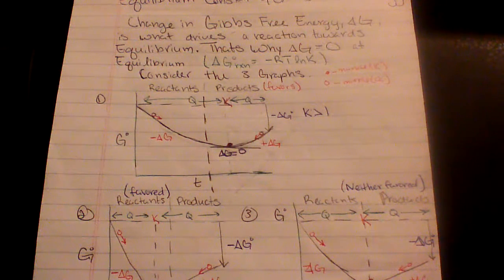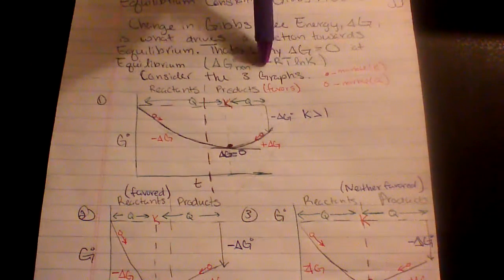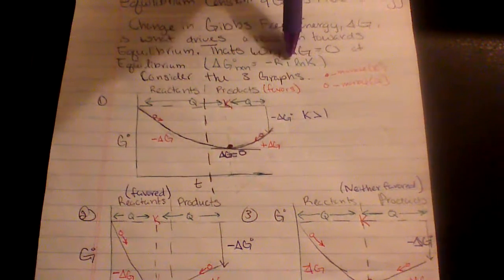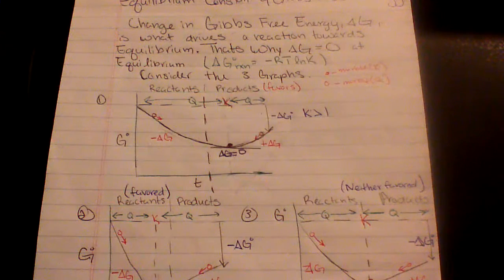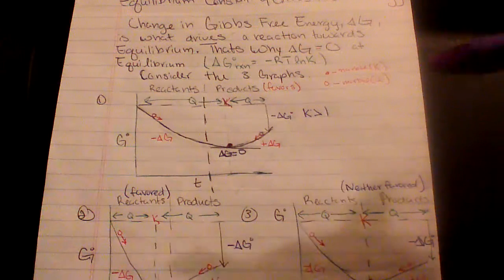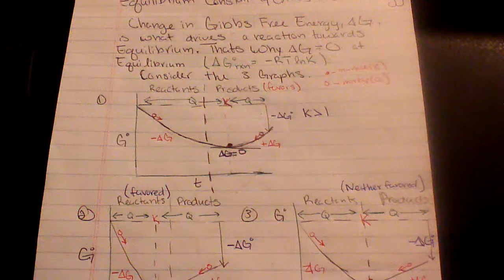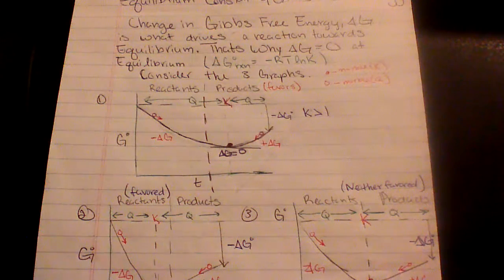under standard conditions, free energy change for a reaction is directly proportional to the negative of the natural log of the equilibrium constant K. If you look at the equation in green here, delta G standard is equal to the negative R times T times ln K, which essentially is saying that the more negative the free energy change is, meaning the more spontaneous, the larger the equilibrium constant will be.